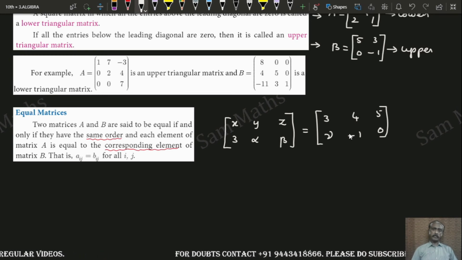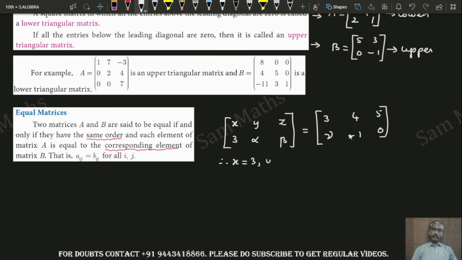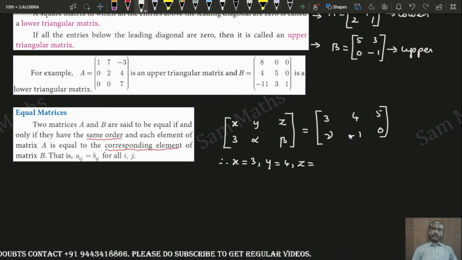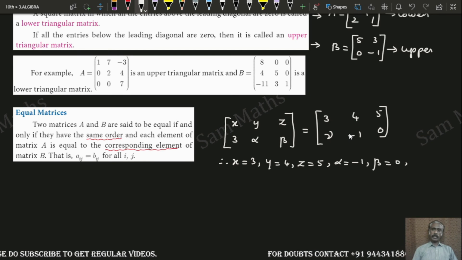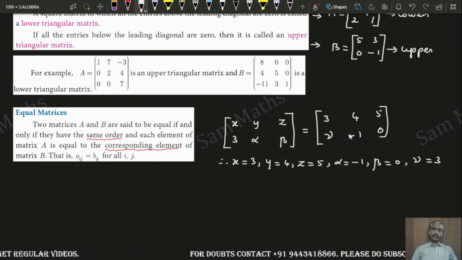Therefore, these two are equal. So we can equate: x must be equal to 3, y must be equal to 4, z must be equal to 5. Then alpha must be equal to minus 1, beta must be equal to 0, and gamma must be equal to 3. So this is equal matrix. If two matrices are equal, the corresponding elements must be equal.